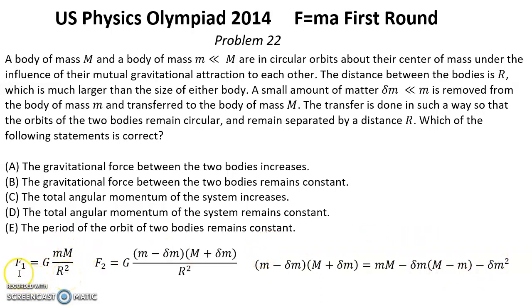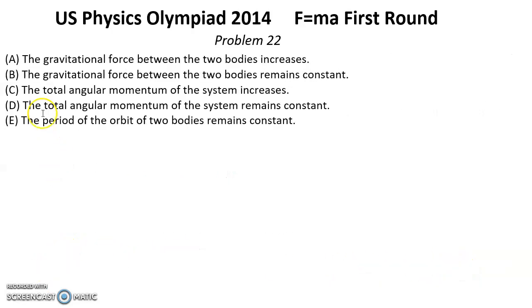So it means that force F1 is greater than F2, and statement A is not correct. For the same reason, statement B, the gravitational force between the two bodies remains constant, is not correct, because it's less than initial. Let's check statement C.